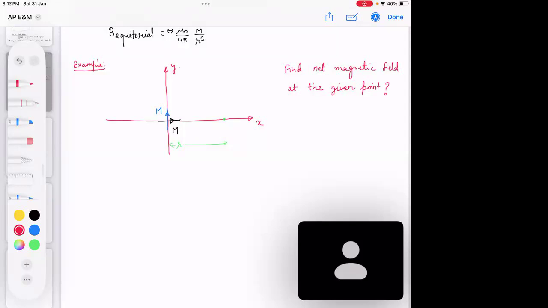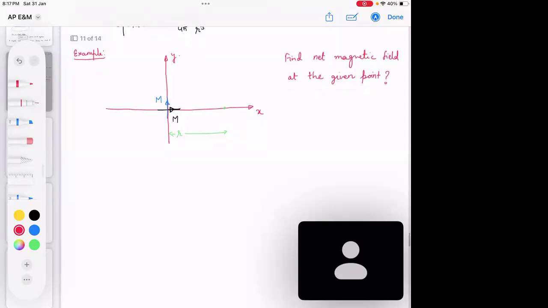Understood? Please try it and tell me what the net magnetic field at this point comes to. The medium is vacuum only, okay? So please calculate the net magnetic field at that point and tell me how much it is.